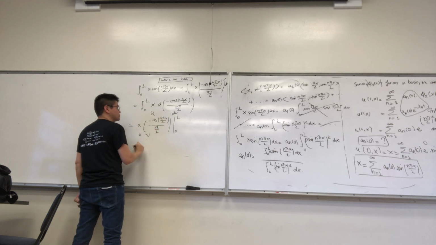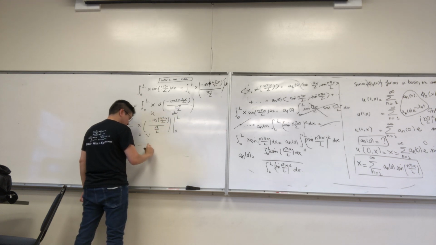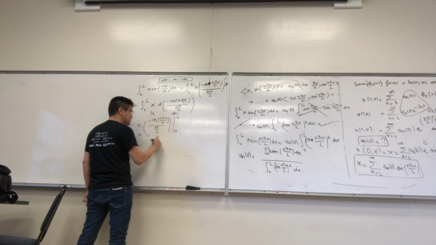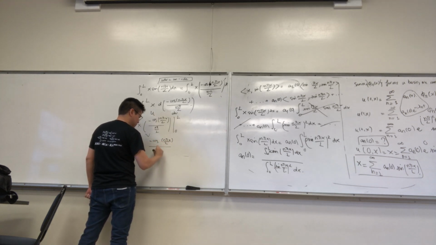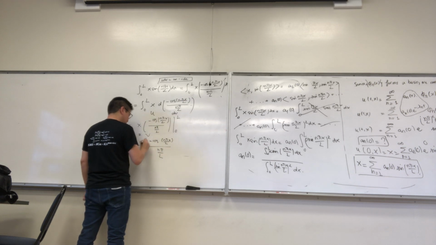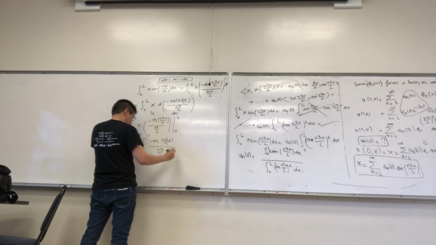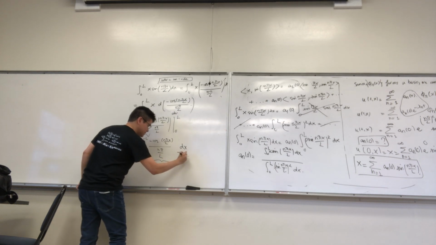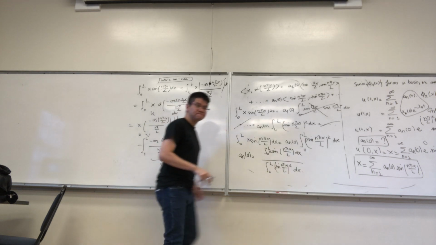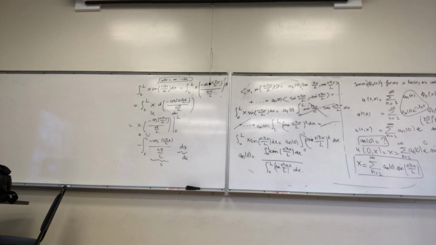Now I have to subtract v du, which will be minus cosine(n pi x over L) over n pi over L, integrated from 0 to L. So this is v and this is du. Is it clear?